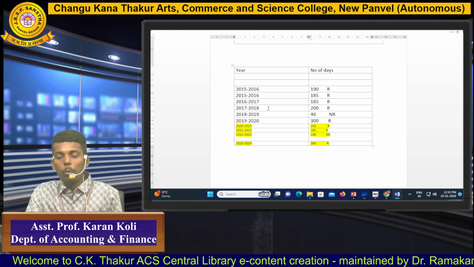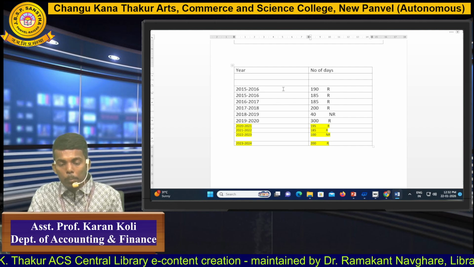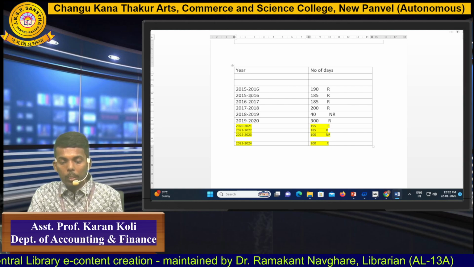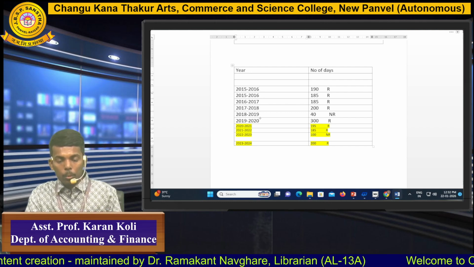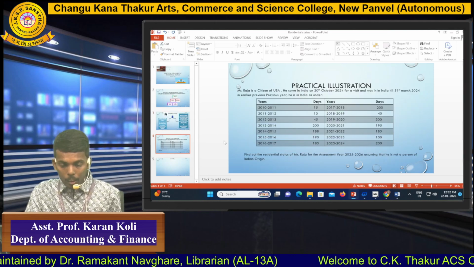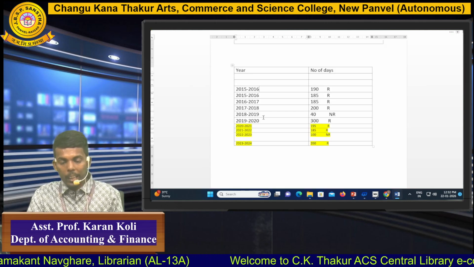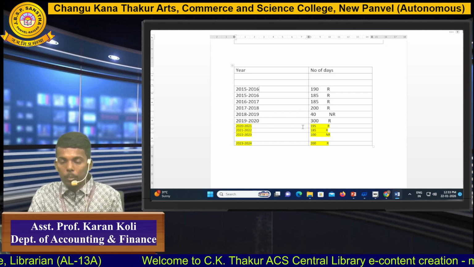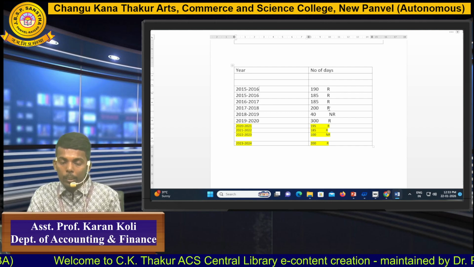So out of 10 years, he is resident in the years 2015-16, 2016-17, 2017-18, 2018-19, 2019-20, 2020-21. So there are 8 to 9 years he was resident in India.